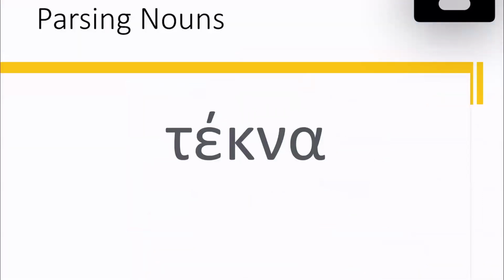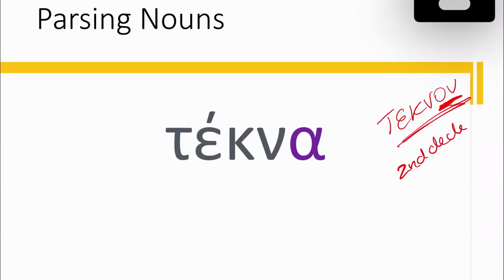The word tekna. The first thing I want to do is think about what is the lexical form of tekna. The lexical form of tekna is teknon. Okay, here we go. We've got this on ending, teknon. So I know it has to be second declension because it's got this omicron, and our omicron pattern is second declension.